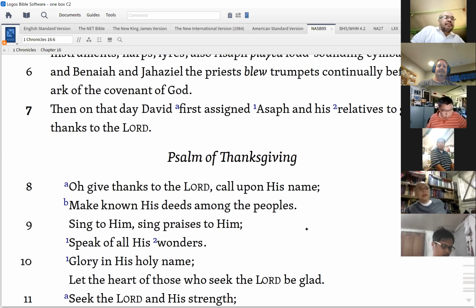Well, just looking at the similarity of the phrasing and the words that are used in Psalm 99 and there in 1 Chronicles 16 might be an indication. Yeah, I think to me those make a pretty strong linkage there, and we see many examples of this in the Old Testament.